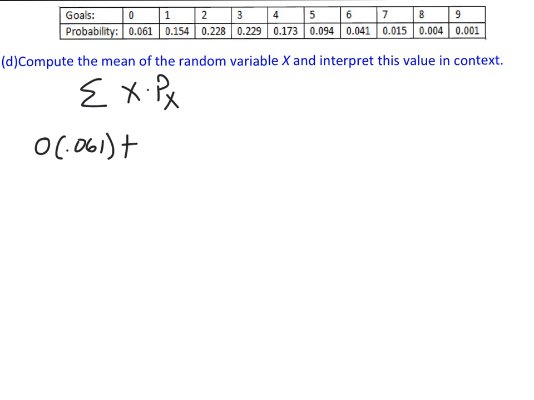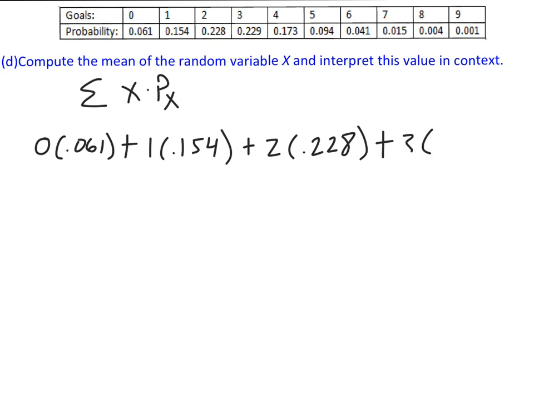There's the probability that went with it. 1 is like my x, and 0.154 is its probability. At some point, you probably see the pattern, how the two numbers kind of go together in the table, and you're like, all right, I get it.